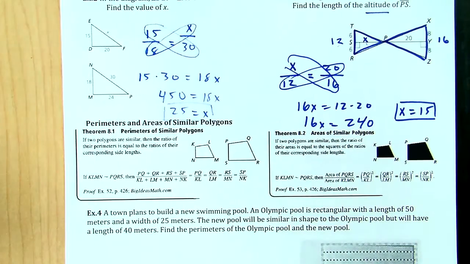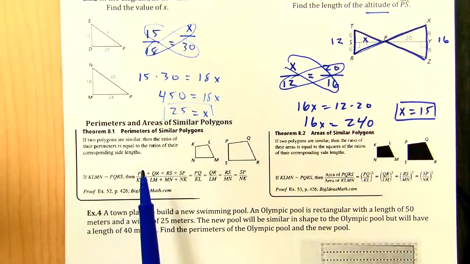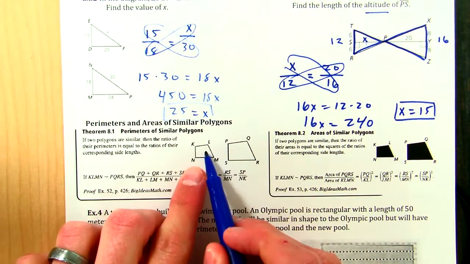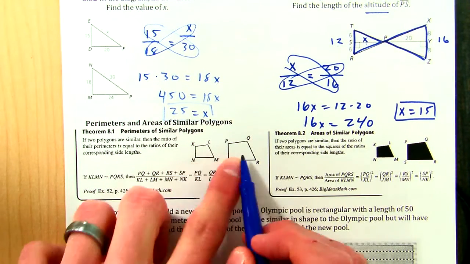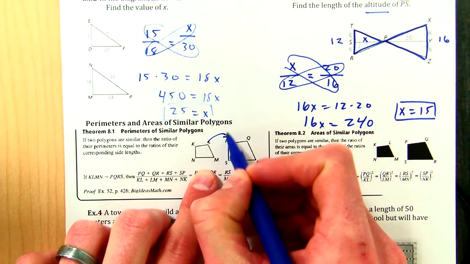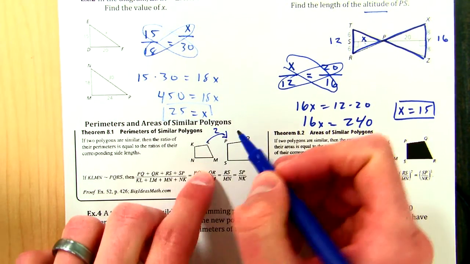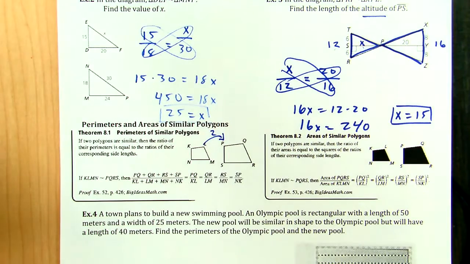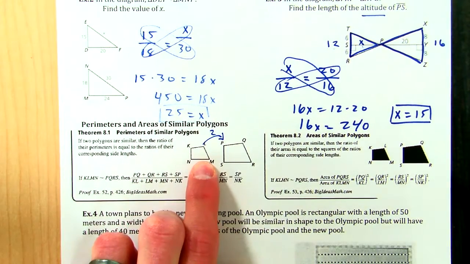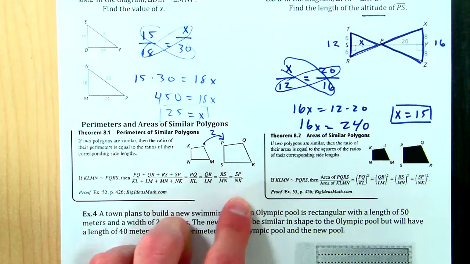Okay. The nice thing about perimeter is it's the easy one. And what I mean by that is the perimeters are proportional as well. So if you knew, once again, let's just say that this figure was half as big as this one. So the scale factor from here to here was 2. All the side lengths doubled would get you that new one. Then if I found the perimeter of this one, I could just double it and have the perimeter of this one.